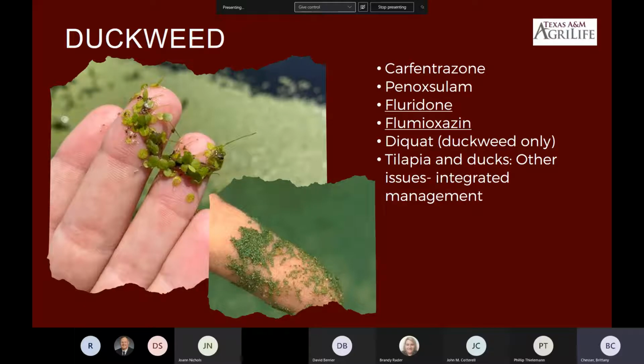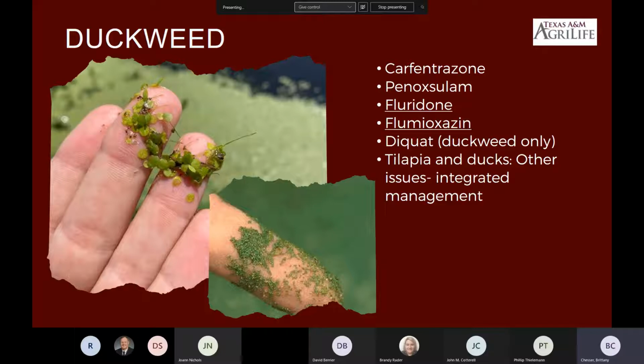And in terms of ducks, there's a lot of research out there on ducks liking to eat duckweed, but there's really not a feasible way to introduce the amount of ducks per acre that it will take to control duckweed. Last I checked, the most recent study gave about 180 ducks per acre to control duckweed, and so that's a lot of ducks.